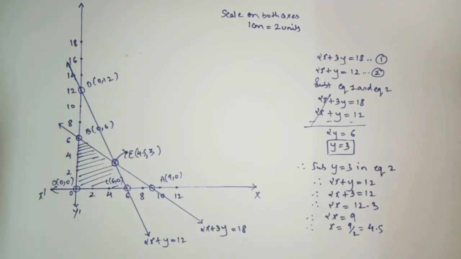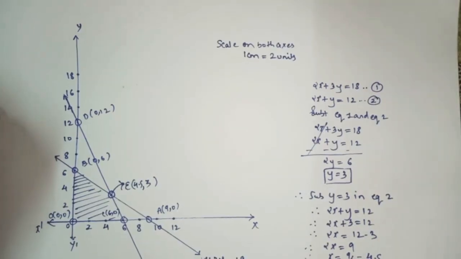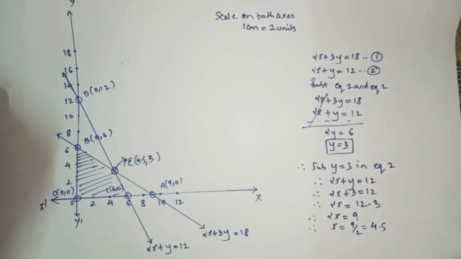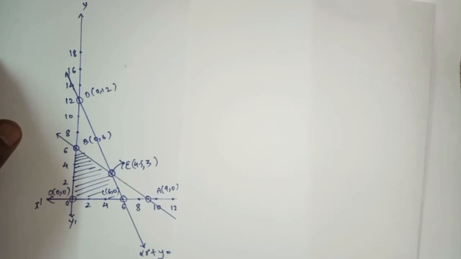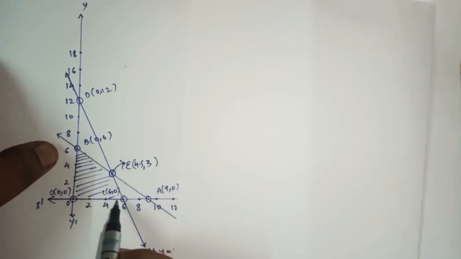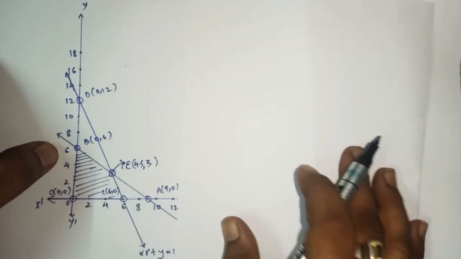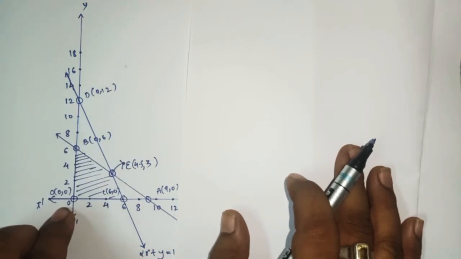Now after getting the answer of x and y, you will write one line saying that this region, can you see this quadrilateral, this part is the feasible region. Okay, so we'll start from here.